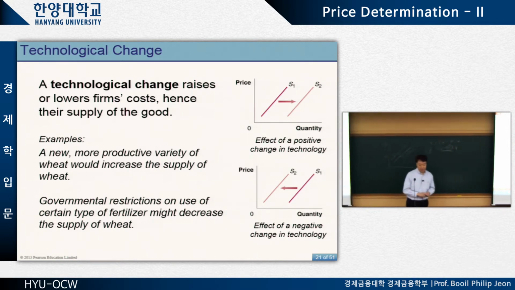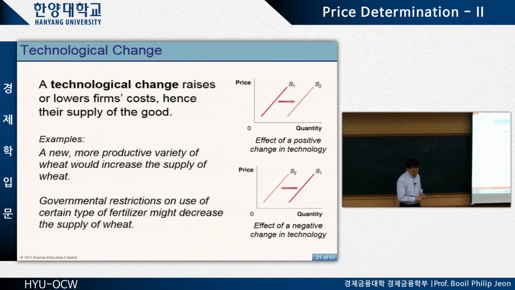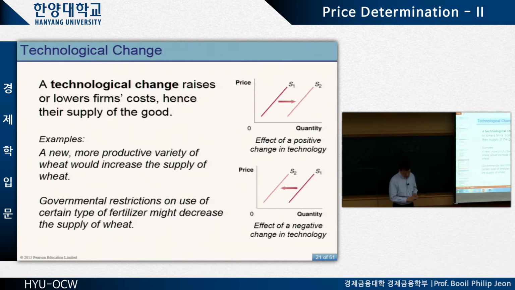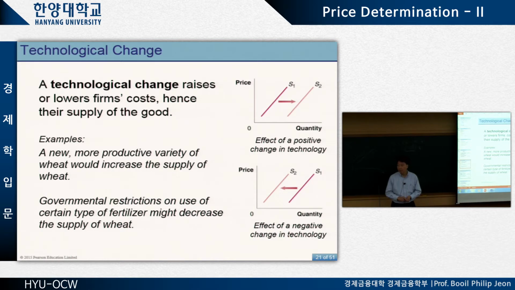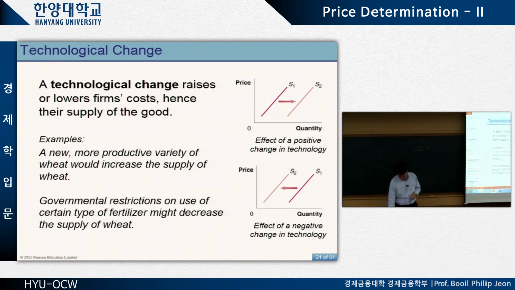So let's say government suddenly came up with a regulation that prohibits genetic engineering or using genetically altered species. Then you can say that's, I guess, a retrogress in technology. You are using inferior technology. Then the supply will shift to the left, or decrease.